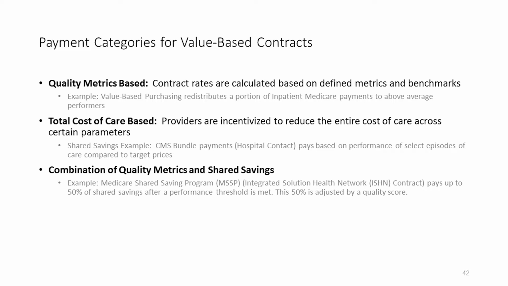If you are able to accomplish those, then you get paid back based off of the target or the national average if you can perform better than the national average. And then a combination of quality metrics and shared savings. A great example of that is the Medicare Shared Savings Program, which pays up to 50% of shared savings after certain performance thresholds are met and is adjusted by a quality score.